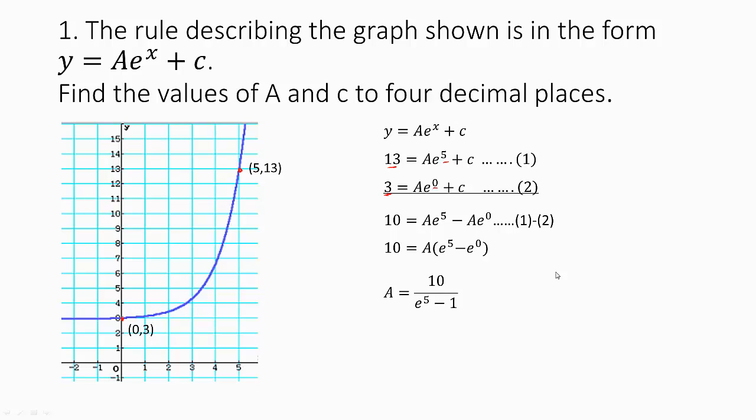Now obviously they've asked us for 4 decimal places, so we put it into our calculator, and that comes out as 0.0678. Substitute that number back into one of the equations, probably equation 2, because that's the easiest, and you should be able to get c equals 2.9322.